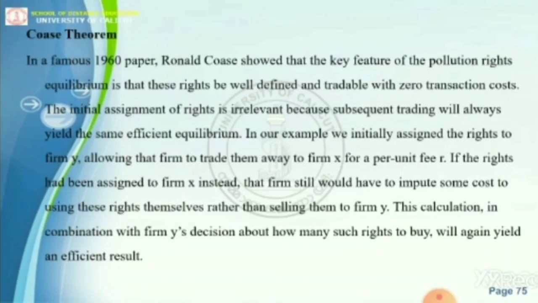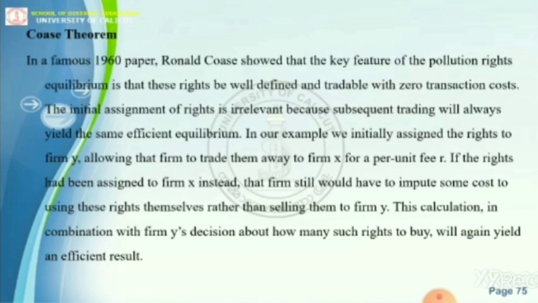Then the Coase theorem. In a famous 1960 paper, Ronald Coase showed that the key feature of the pollution rights equilibrium is that these rights will be well defined and tradable with zero transaction cost. The initial assignment of rights is irrelevant because subsequent trading will always yield the same efficient equilibrium.